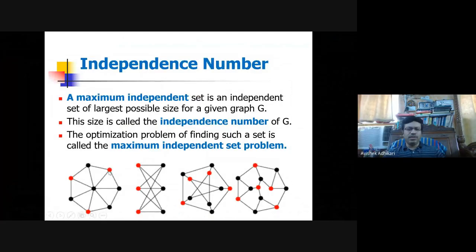Okay, so independent set means, see, if I consider this red colored mark, there are three vertices.